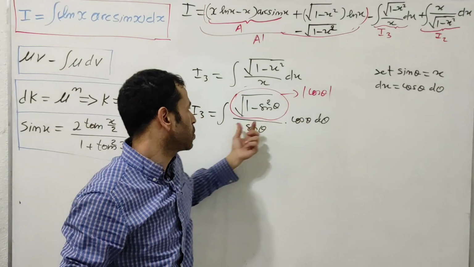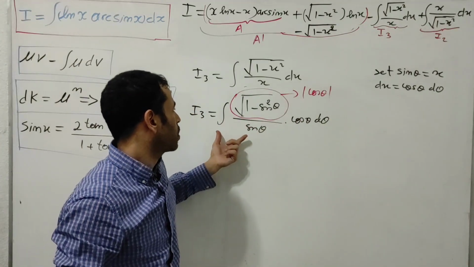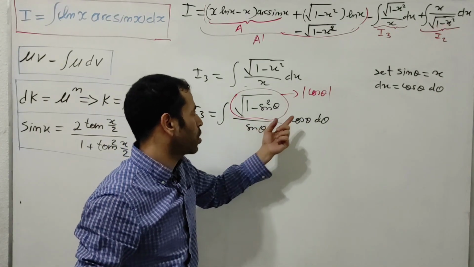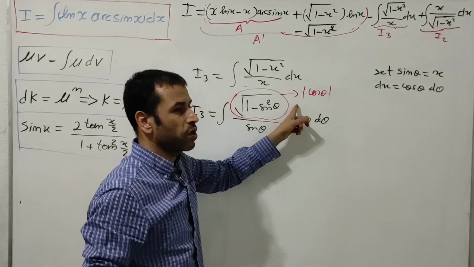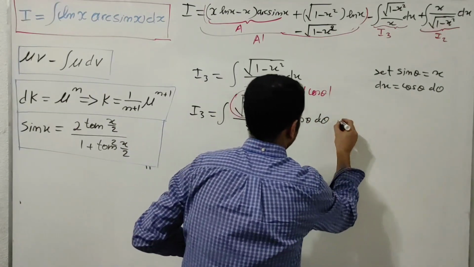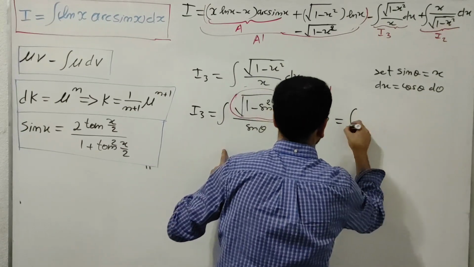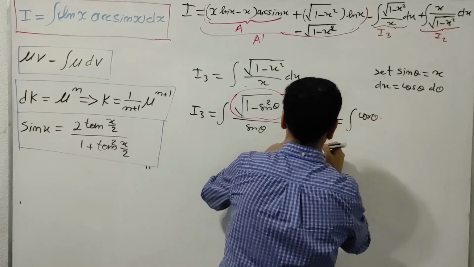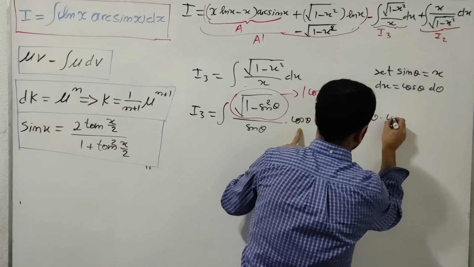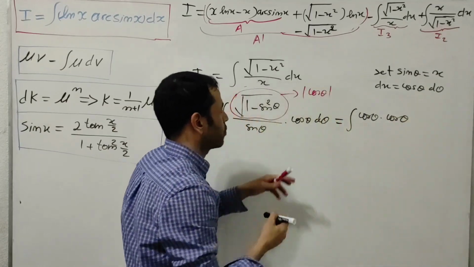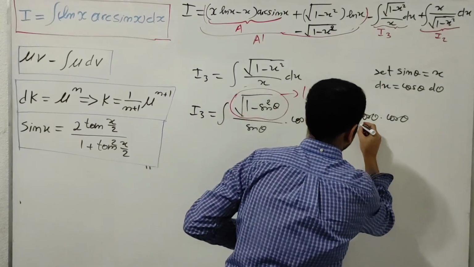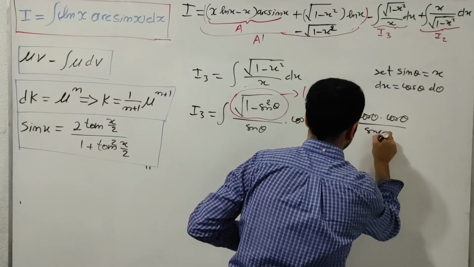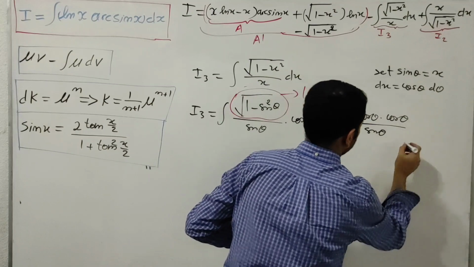But since we have the integral here and the primitive, we are going to keep only the positive term, so we don't need a negative here. So this integral becomes cosine theta multiplied by this cosine theta, which came from the derivative function, divided by sine theta, d theta.